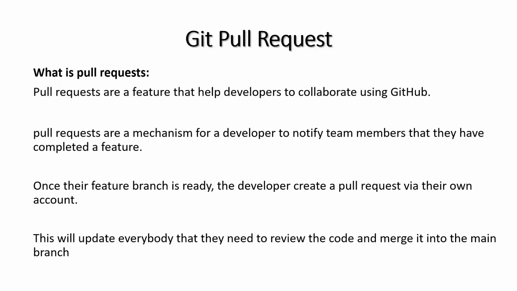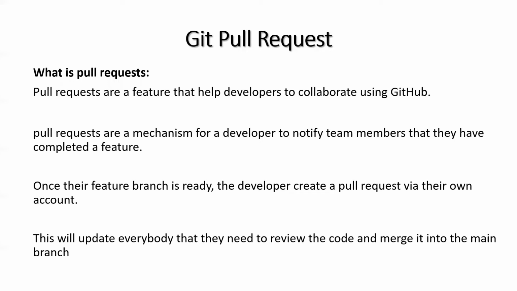Now here, once their feature branch is ready, meaning they have completed their work, the developers will create a pull request via their own account. If we are using GitHub, then with the help of GitHub we can create a pull request. Here, a pull request means we are sending the request to merge their code into the master branch, and this will also notify other developers.